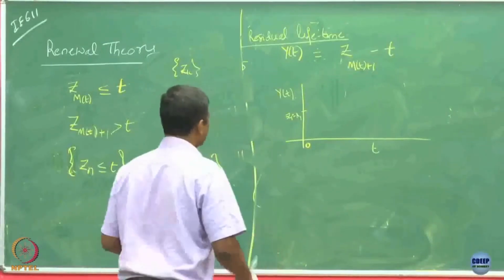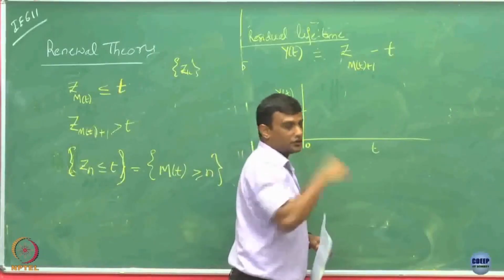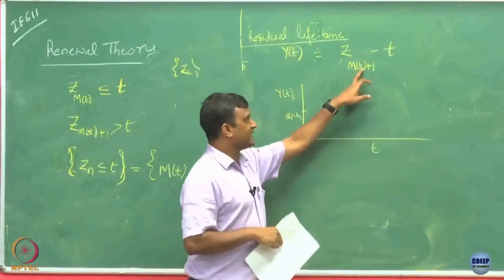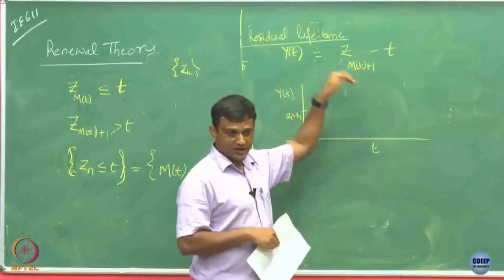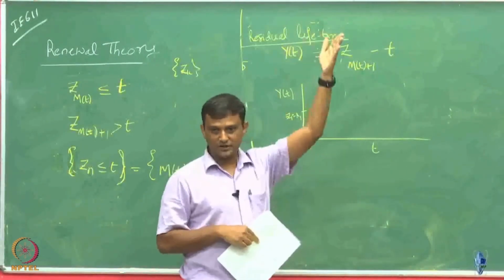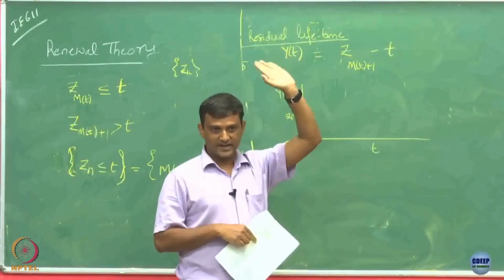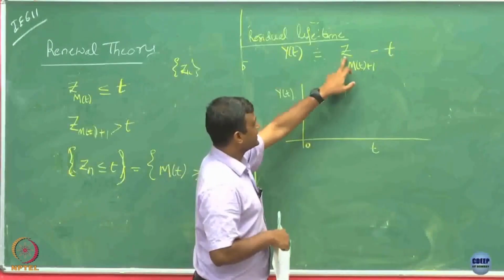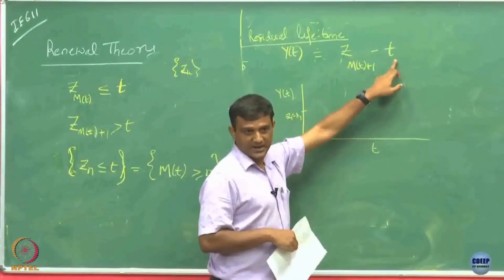And as I increase t, till some point M(t) is going to remain 0 only. After that it is going to increase to index 1. Let us say for the time being it is not going to increase. So in that case this is going to be Z1, and now there is a minus subtracting time here.